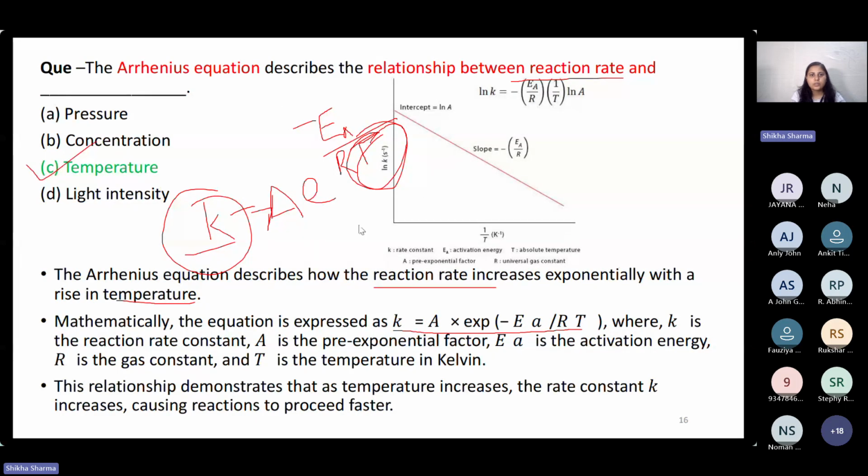So if we plot this, we'll take log on both sides.